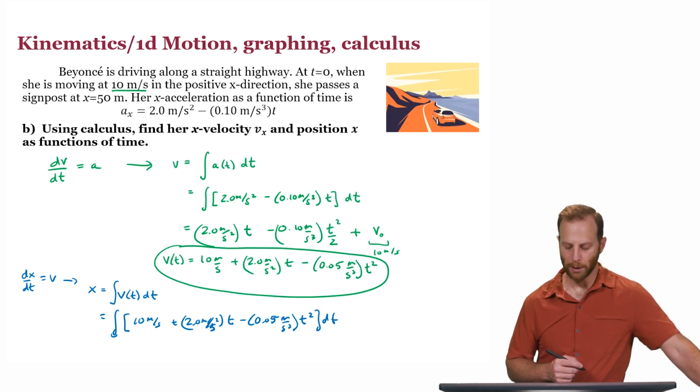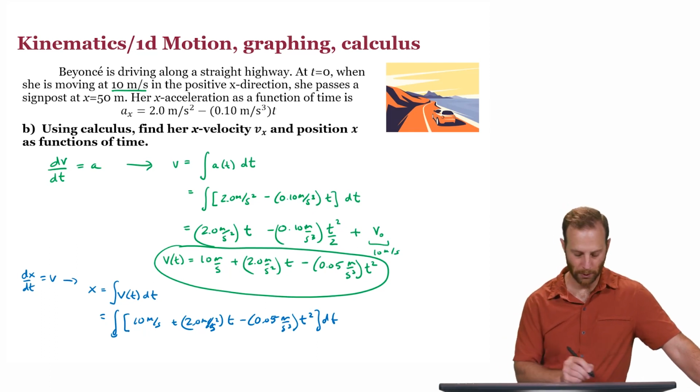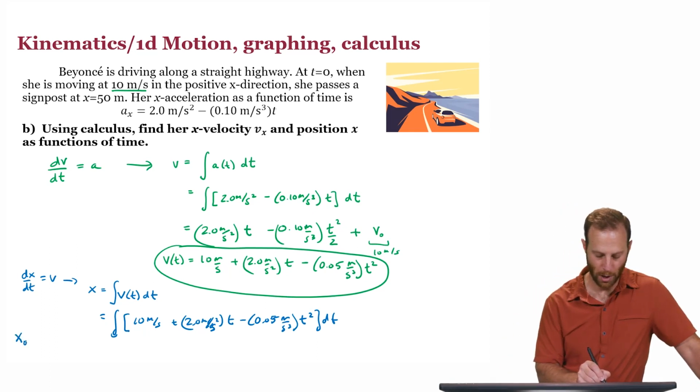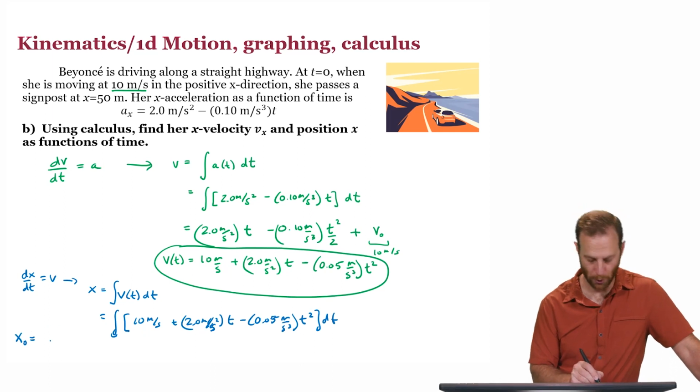When we do that integration and we include our integration constant, I'll just write down here the integration constant we'll have is x naught, which we're told is 50 meters.